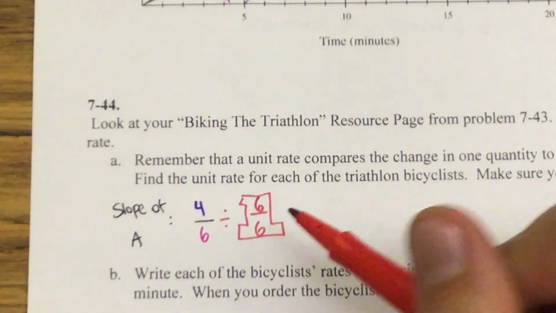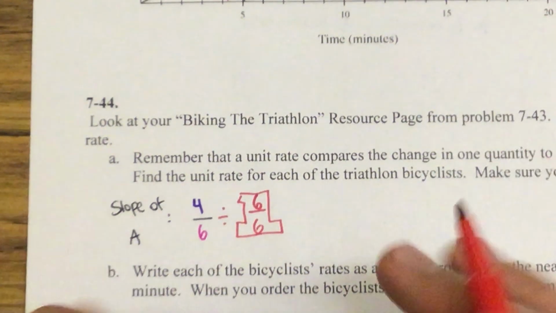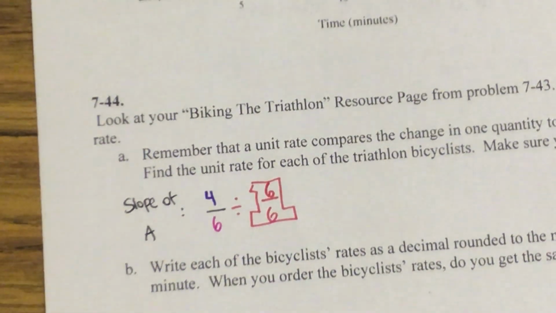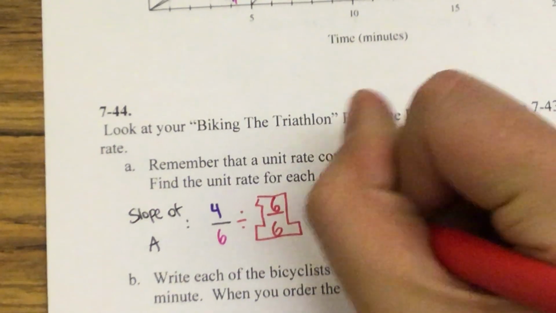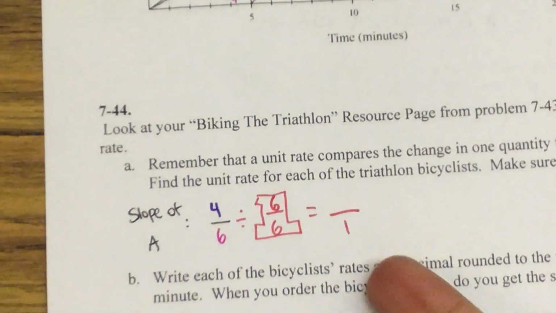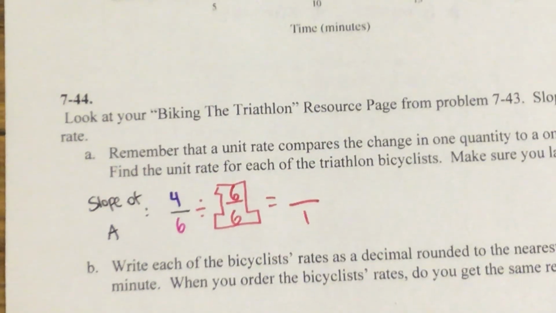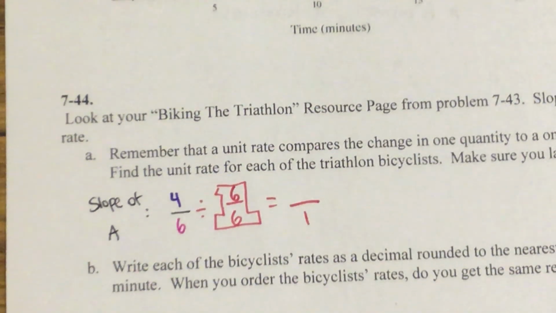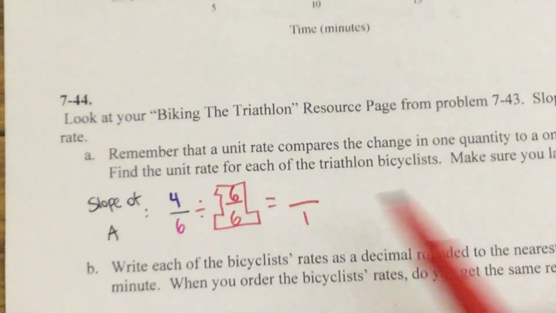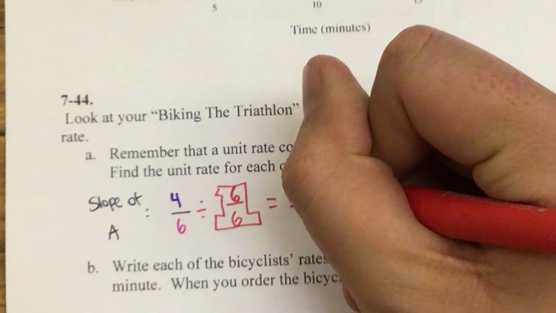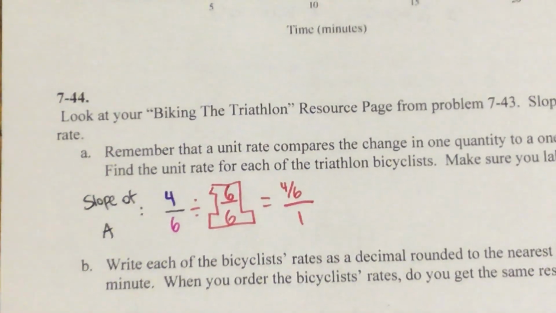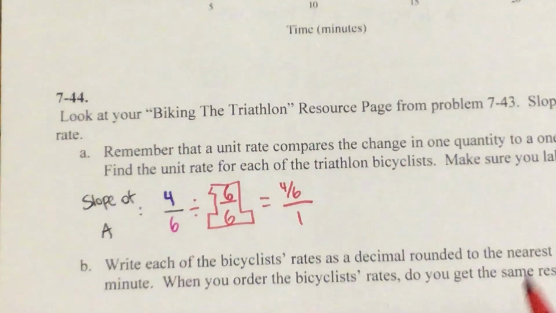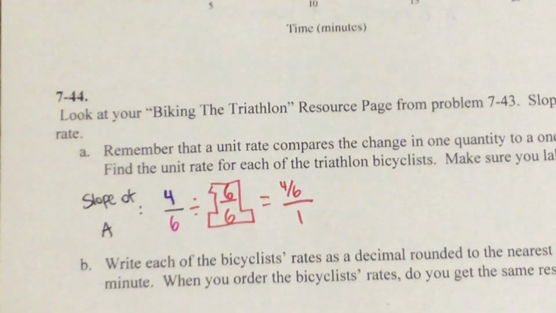And if we divide by 1, we're going to get the same number. We're not changing 4 over 6. So once we divide by 6 over 6, at the bottom we'll have 1, which is what we want, 1 per 1 minute. How many kilometers is it going? Well, it's going to be 4/6 of a kilometer per minute.